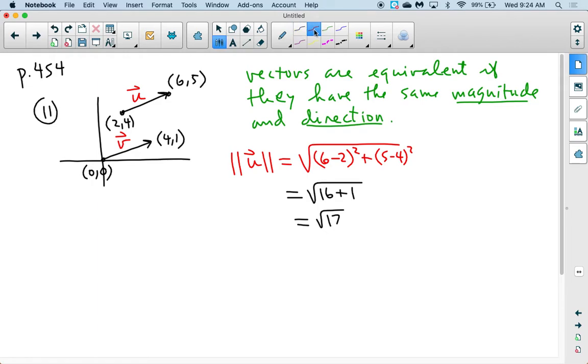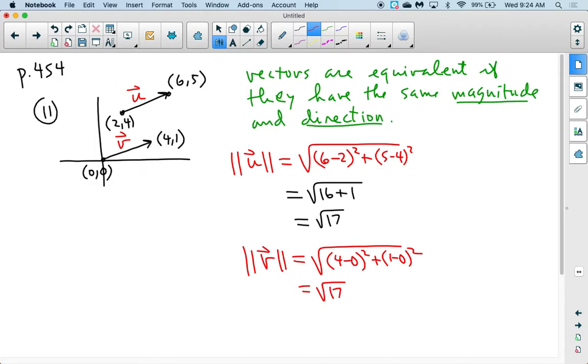V's magnitude is the square root of 4 minus 0 squared plus 1 minus 0 squared. And that's also equal to radical 17. So their magnitudes are the same.